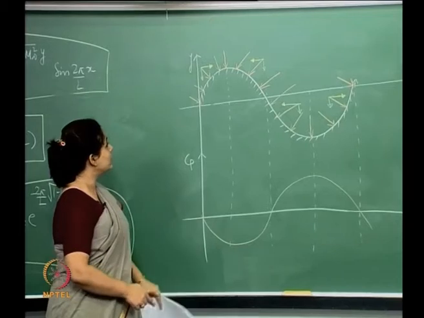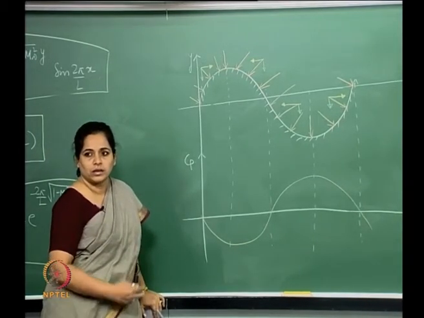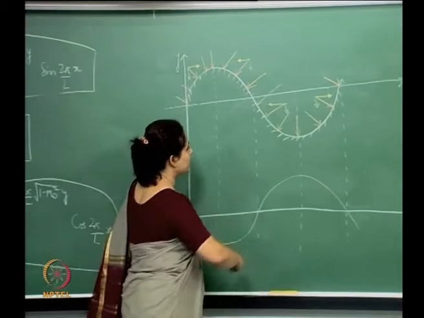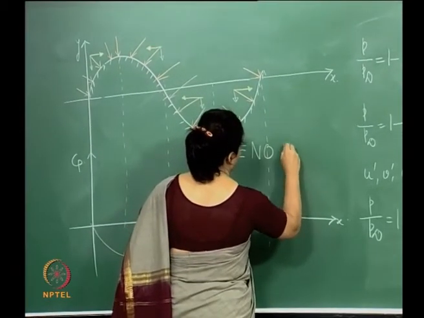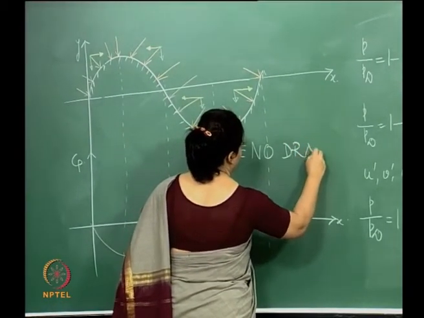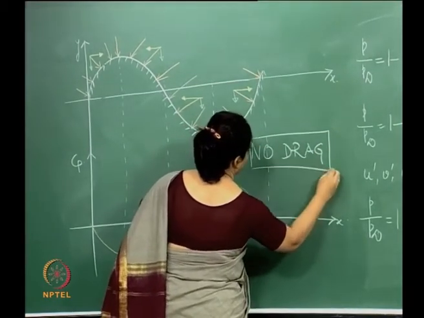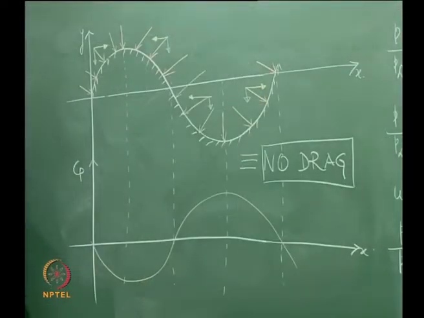If the horizontal components of the pressure cancel out, what does that mean physically? What this means physically is that there is no drag. Okay, that is what it means, and again, this is physically plausible.